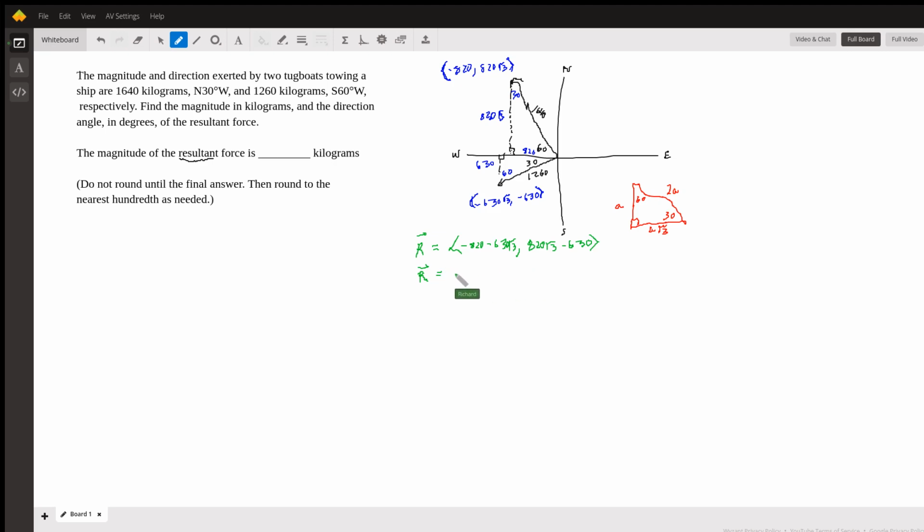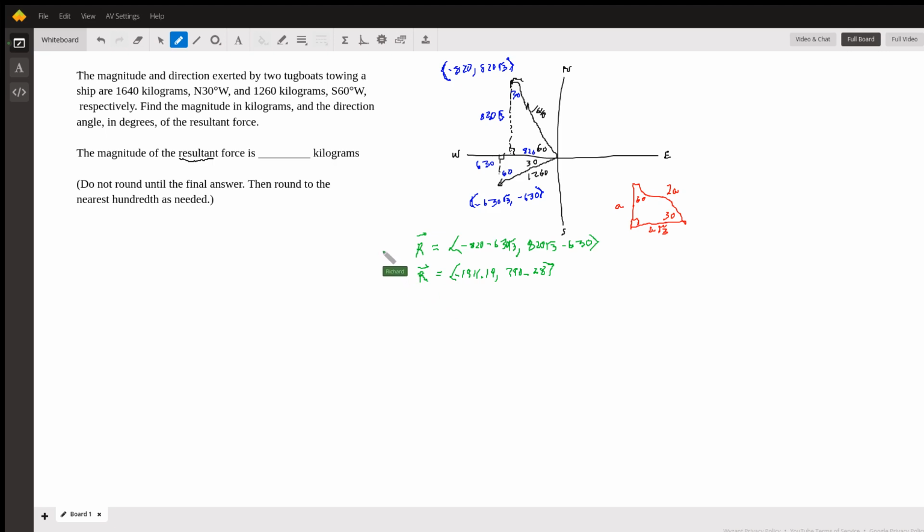So I get negative 1911.19, let's say, comma, then 820 times the square root of 3, and then we're going to subtract from that 630, and I'm left with 790.28. Okay.